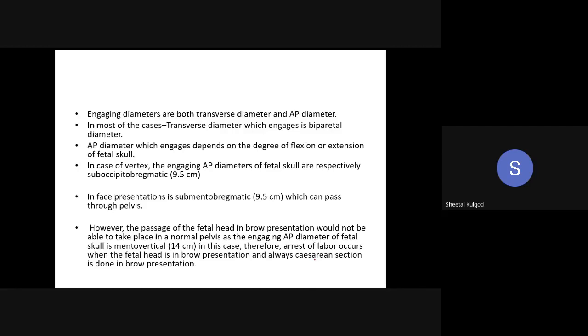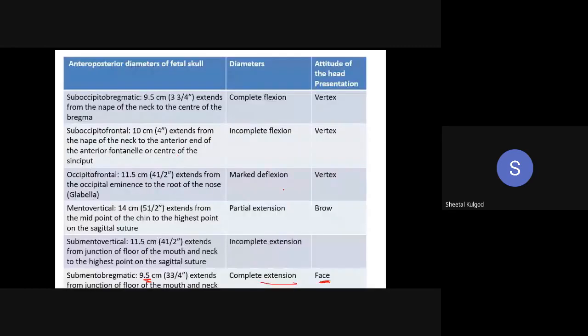Understood? Which transverse diameter or which anterior posterior diameter of the fetal skull will pass through the pelvic brim will depend on the degree of flexion of the head. In the last table we learned that whenever there is complete flexion of the head with the vertex as the presenting part, the engaging diameter will be suboccipitobregmatic.